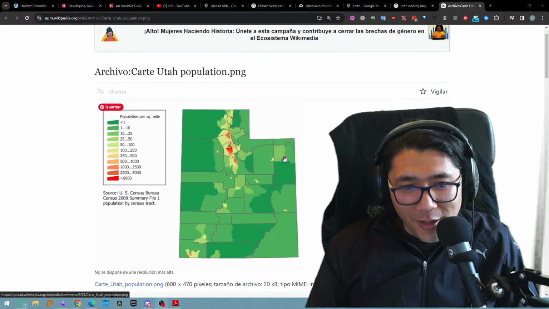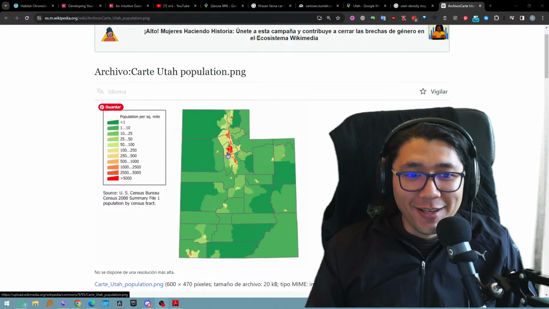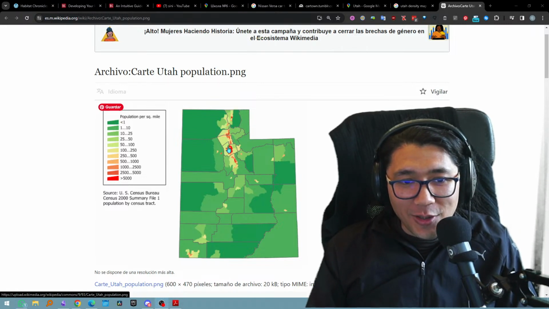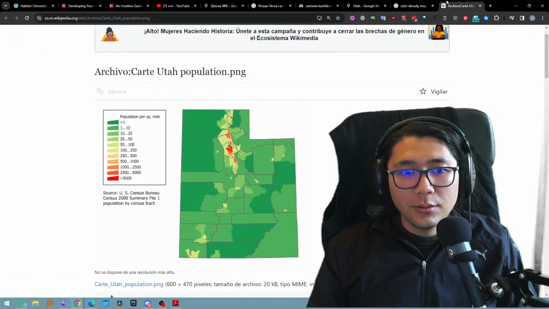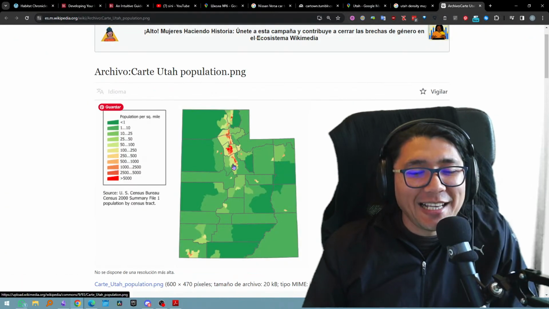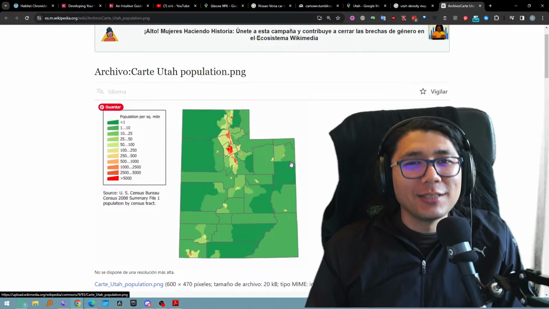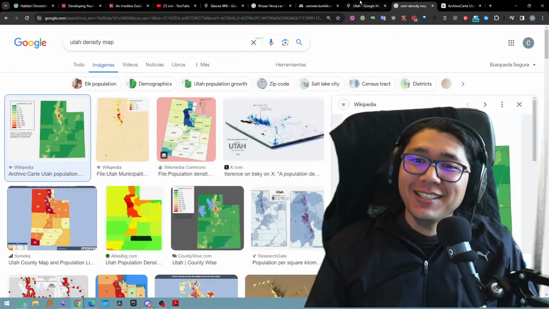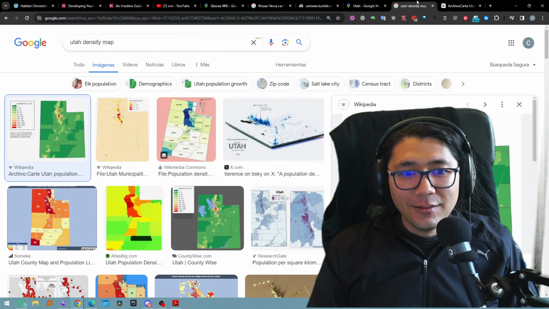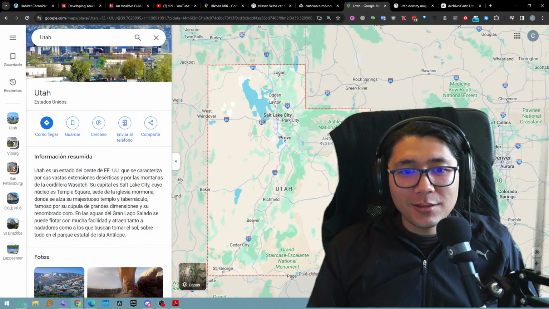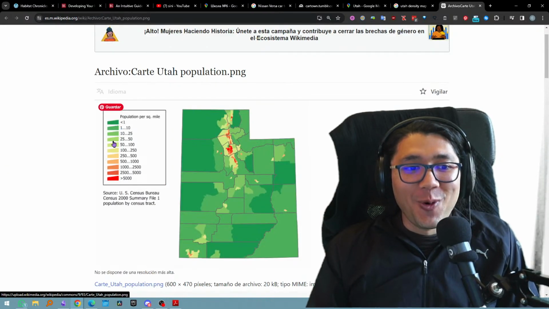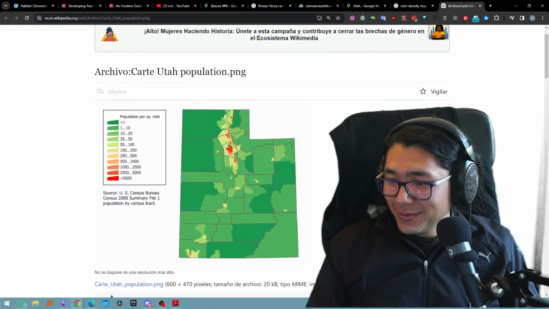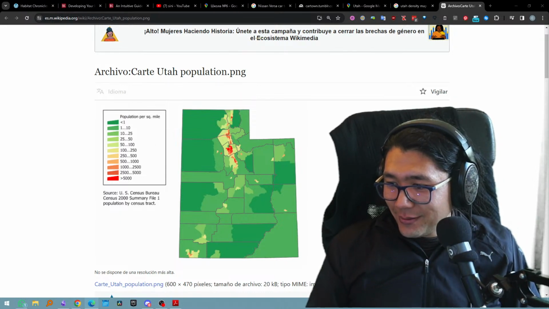Maybe there. But probably, I guess, here. This is like SLC. This is Provo, right? Why doesn't it show the lakes? Because it's obvious that the lakes are going to have like 0 people in the water, right? Like all of this place, all of that is lake. Why are there 25 people there? Well, I don't know. Great observation.